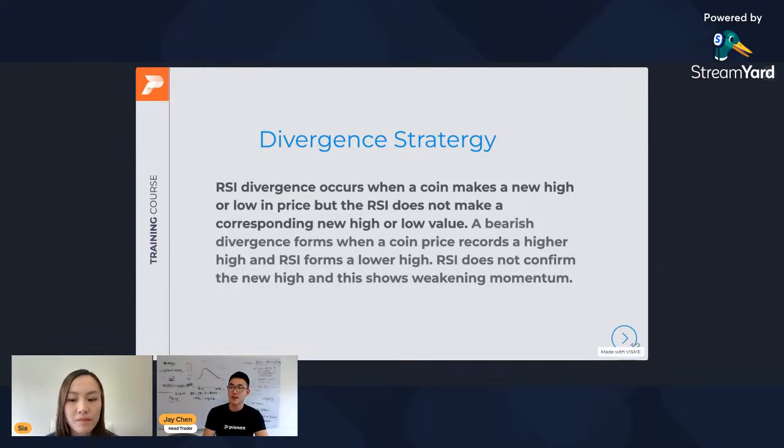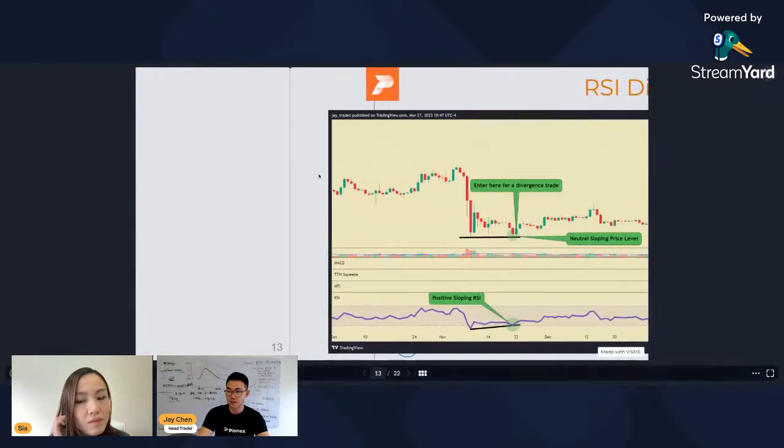A bearish divergence forms when a coin's price records a higher high, but the RSI forms a lower high. And a bullish divergence forms when price makes a lower low, but RSI makes a higher low. I'll show you in the chart so it's more clear.